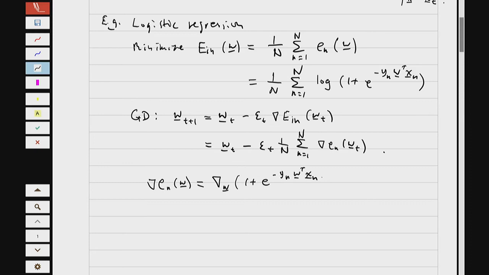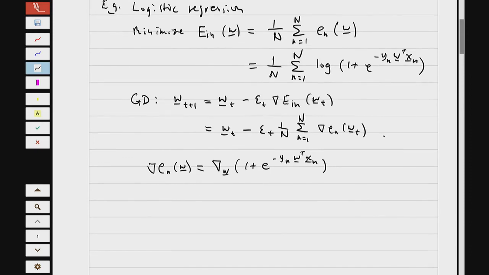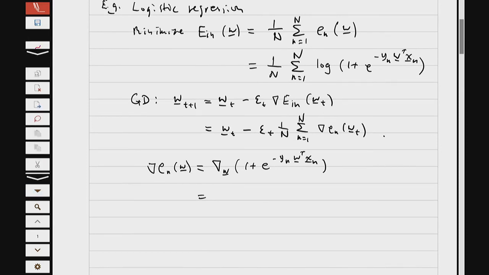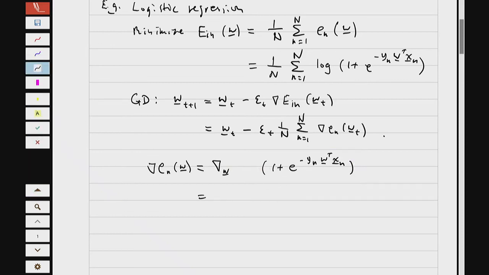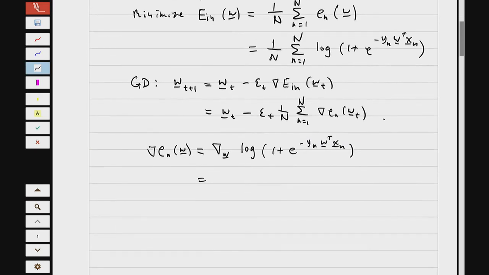Now you have to look for the gradient of this thing. Oh, there's a log I missed. Sorry about that. Okay, how do you take the gradient? You can just use the general formulas.